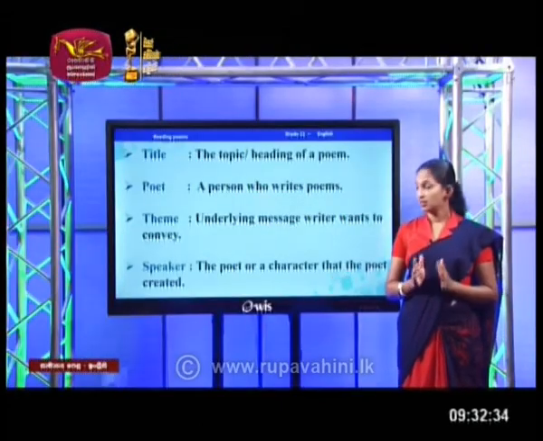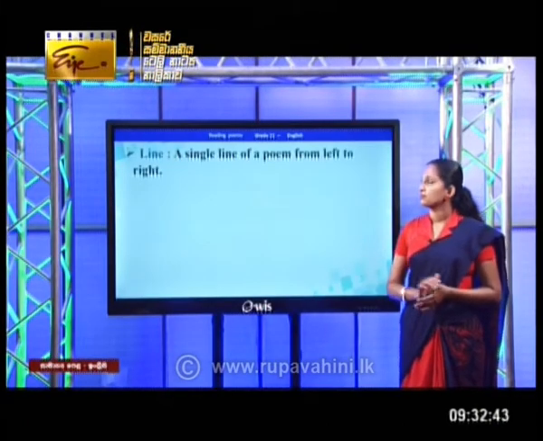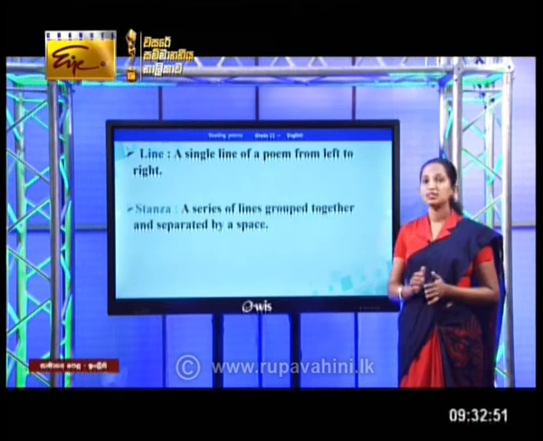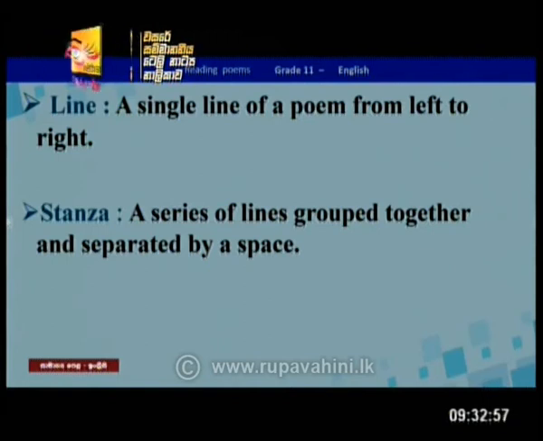The next thing is speaker, the poet or a character that the poet created. Line, a single line of a poem from left to right. Stanza, a series of lines grouped together and separated by a space.